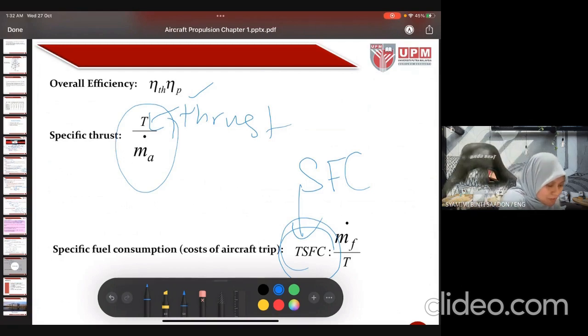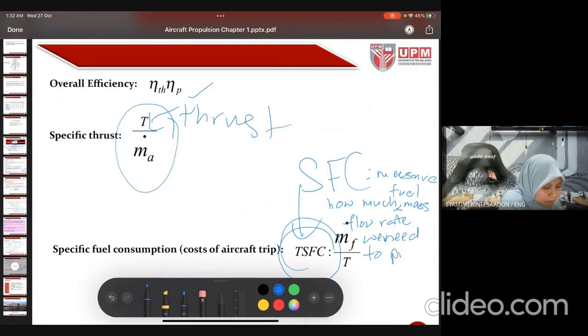So SFC measures the fuel mass flow rate that we need to produce 1 Newton thrust force.